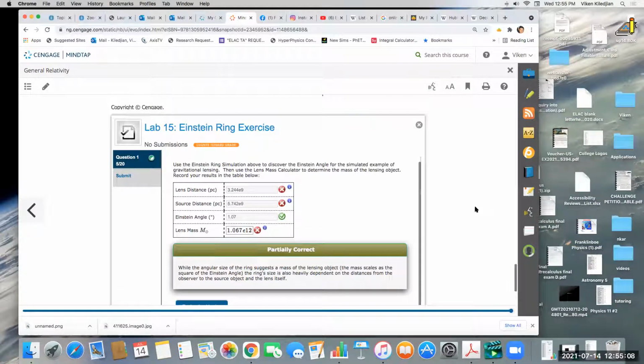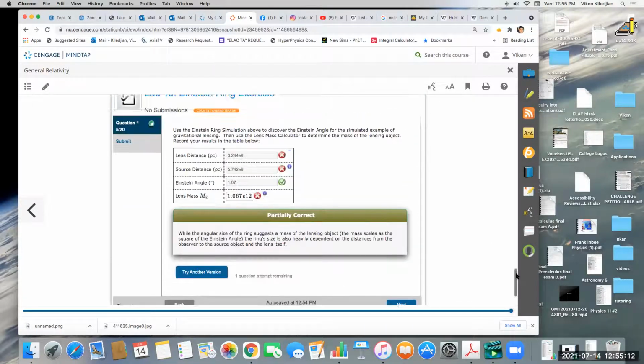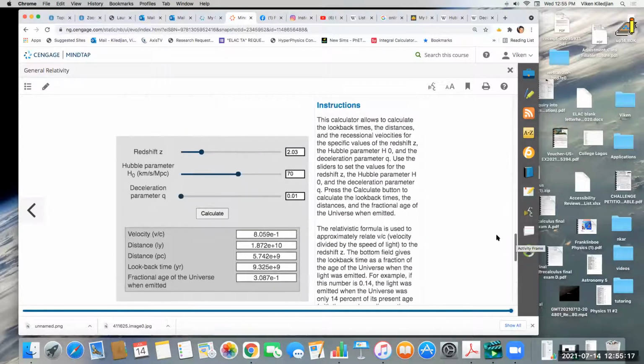Now, what else can we change? We could change the Hubble constant that the app is using. I wonder if they're using 73. Because the Hubble constant ranges between 70 and 73.